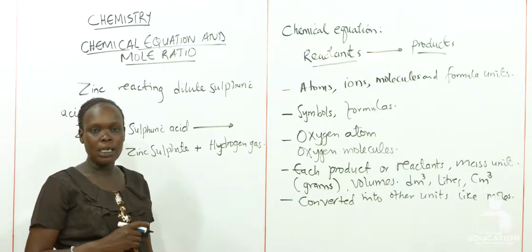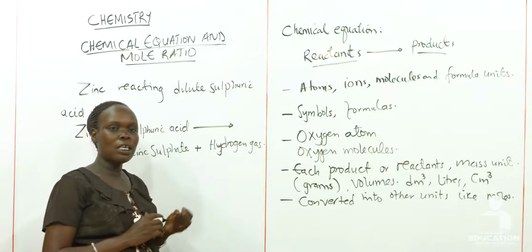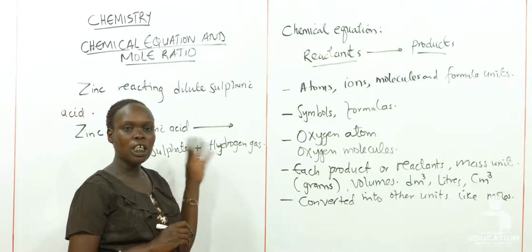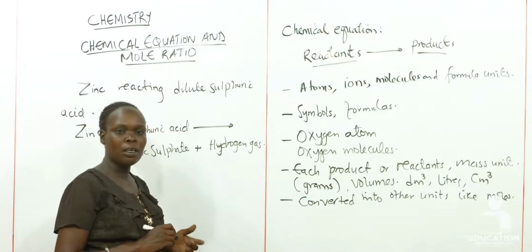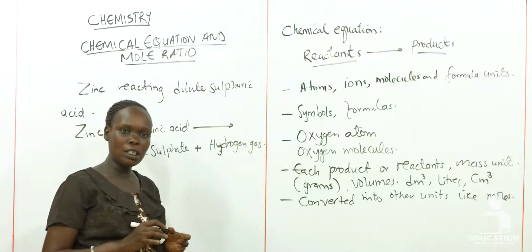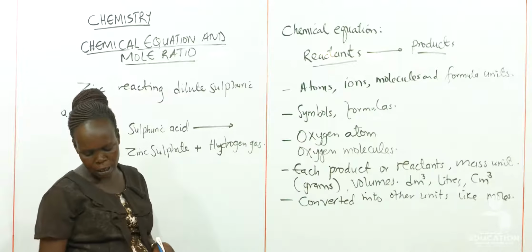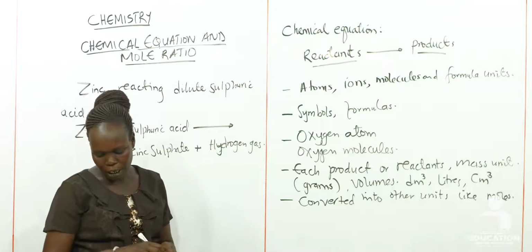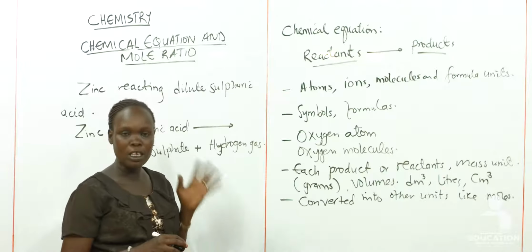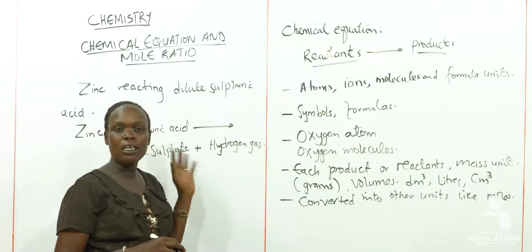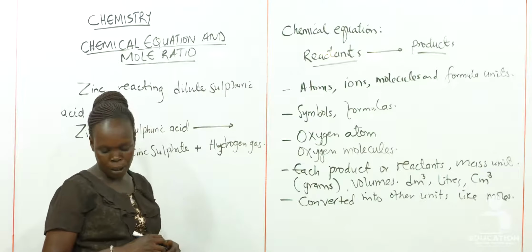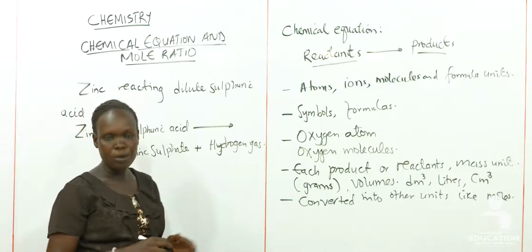So here we have seen that the reactants are zinc and sulfuric acid, and the products are zinc sulfate plus hydrogen gas. So learners, we have seen that here we are representing the chemical equation in words, but actually we have to represent it in symbols. In chemistry, the standard practice and convenient way is to represent a reaction using chemical symbols and chemical formulae. This is referred to as the chemical equation.